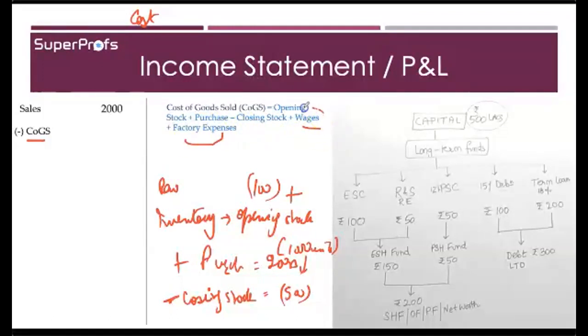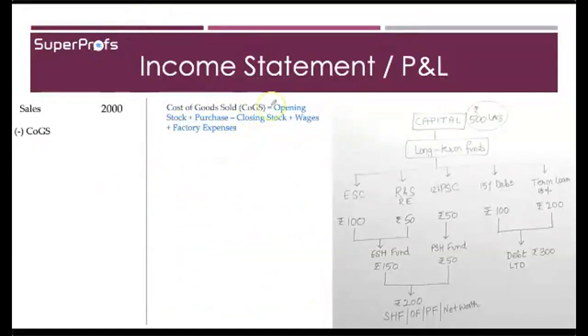Why? Because wages and factory expenses are directly related to creating these goods. So basically all the inventory and the cost incurred in creating these goods. So the cost of goods sold is opening stock plus purchase minus the closing stock plus wages and factory expenses.